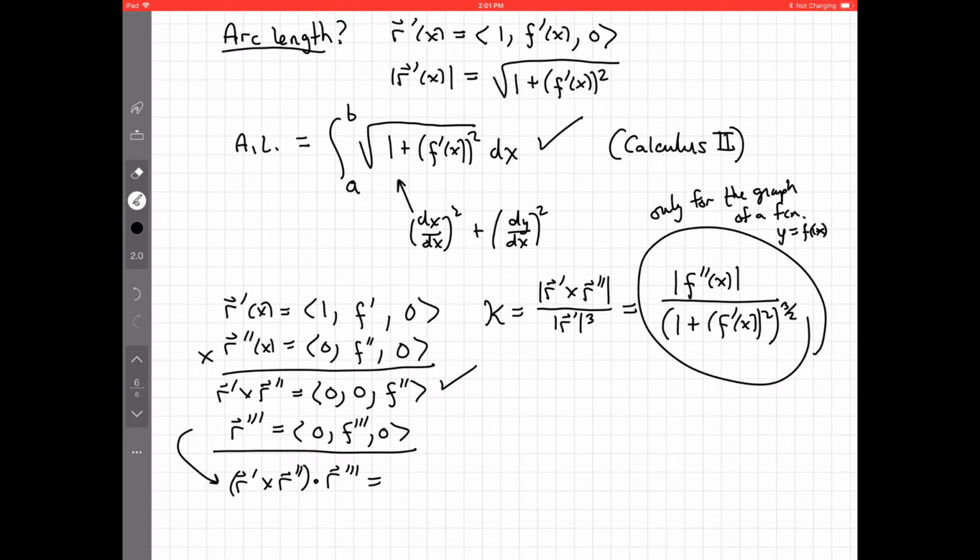Notice that if we dot these two together, we get 0. And so the torsion for a graph of a function is 0. But of course that's true. We have a planar curve, right?